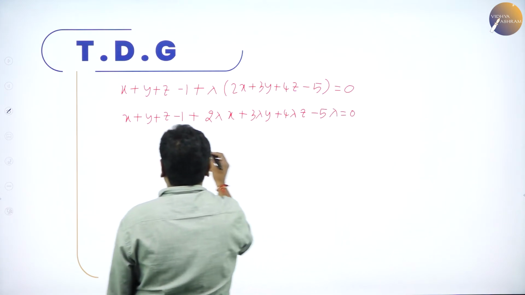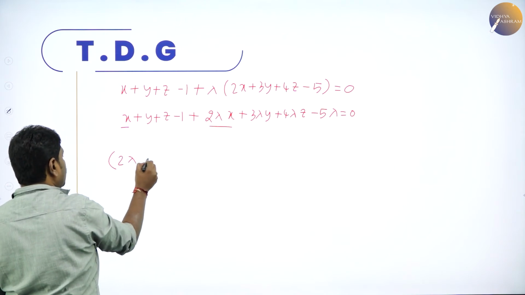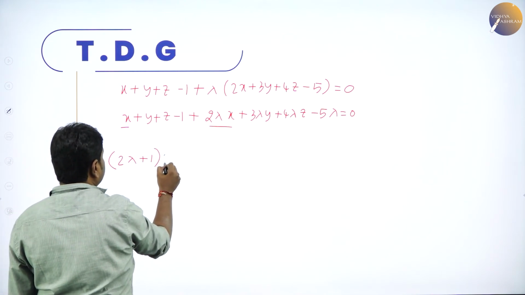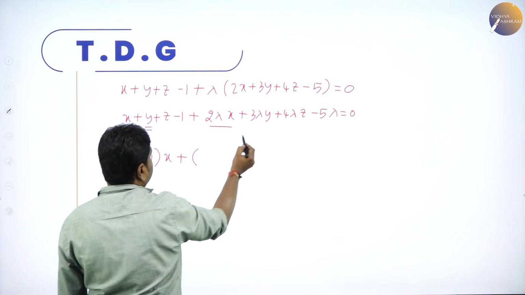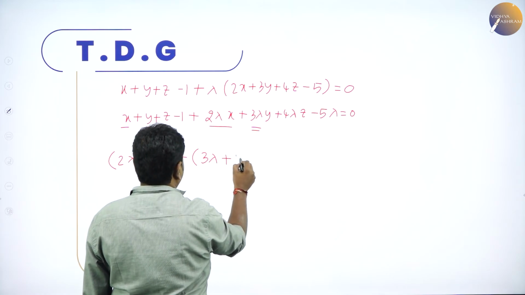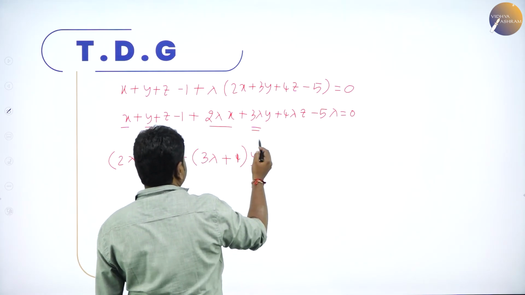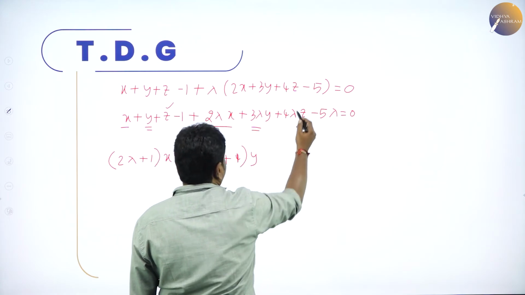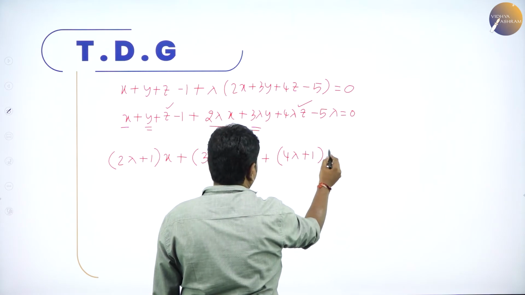Now take x common. Here we have x and here we have x. If I take x common, I'll have (2 lambda plus 1) into x. Similarly, take y common: (3 lambda plus 1) into y. Similarly, take z common: (4 lambda plus 1) into z.